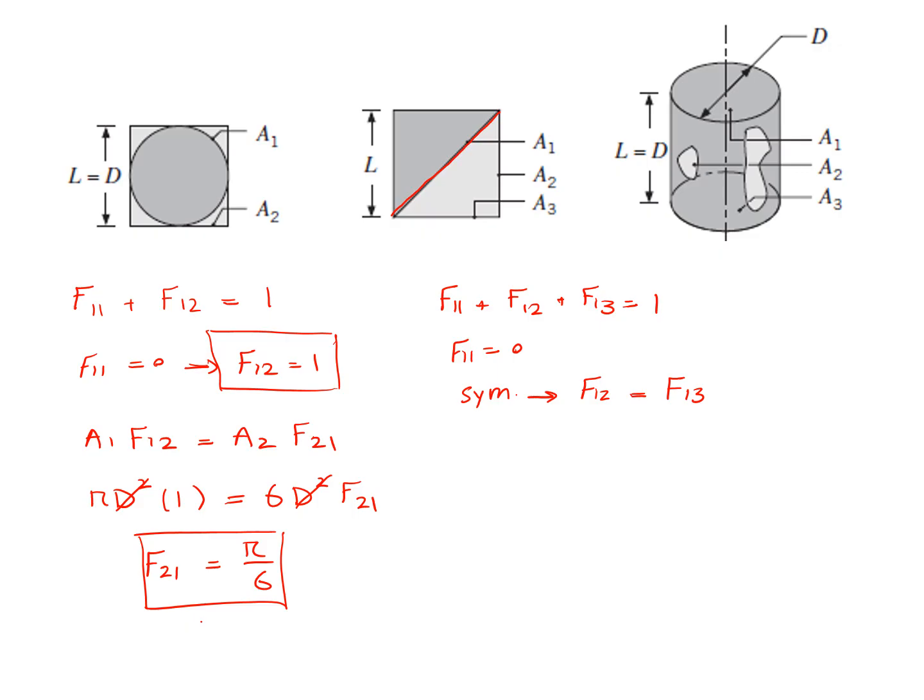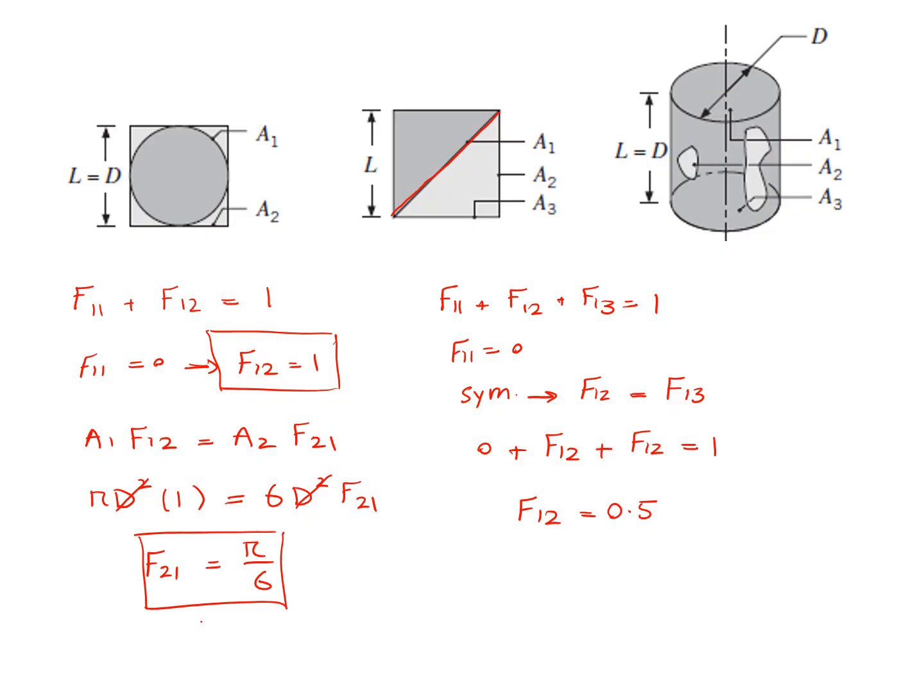So f12 and f13, or the portion of radiation going from 1 to 2, is equal to that portion going from 1 to 3, which makes us arrive at the conclusion that if f11 is equal to 0 in the above relation, plus f12, for f13 I'm going to rewrite f12 again because it's equal to f13, and then I'm going to arrive at 1. So as a result, f12 is equal to 0.5.